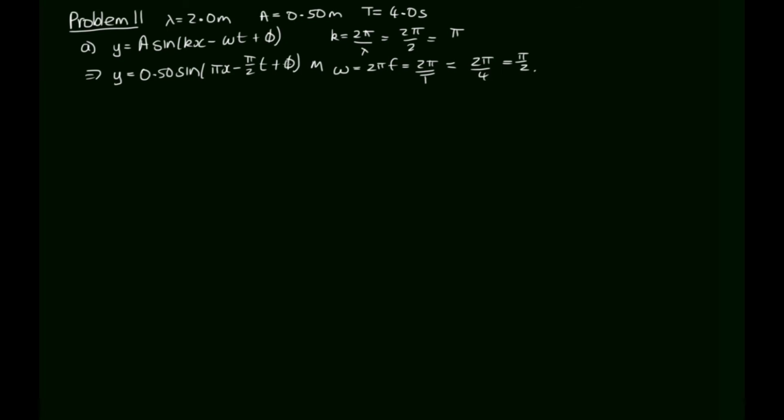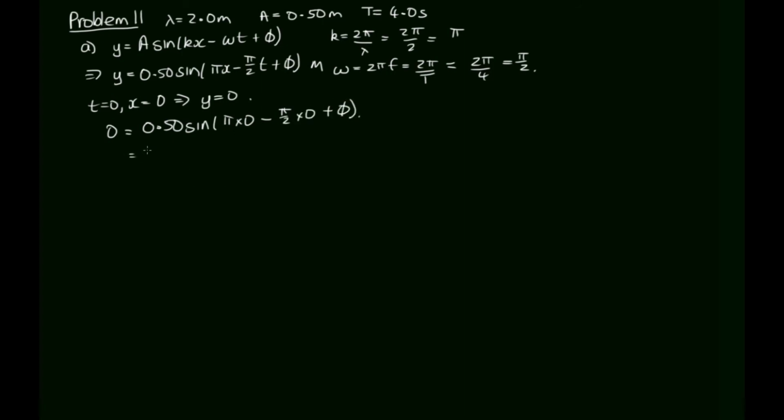Now what we're going to need to do is work out this phi, and in order to do that, we're going to need to use our starting conditions, which were that at t equals 0, x equals 0, we have y equals 0. So we have 0 is equal to 0.50 sine(pi times 0 minus pi on 2 times 0 plus phi).